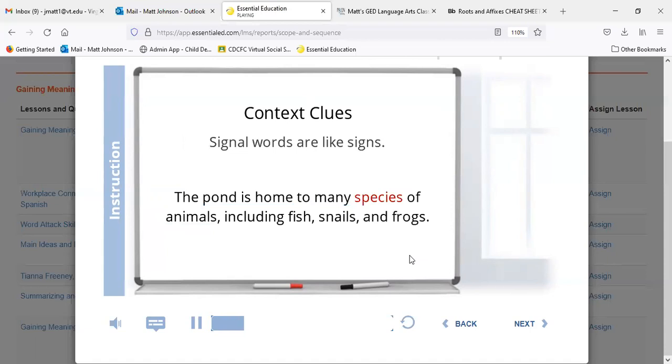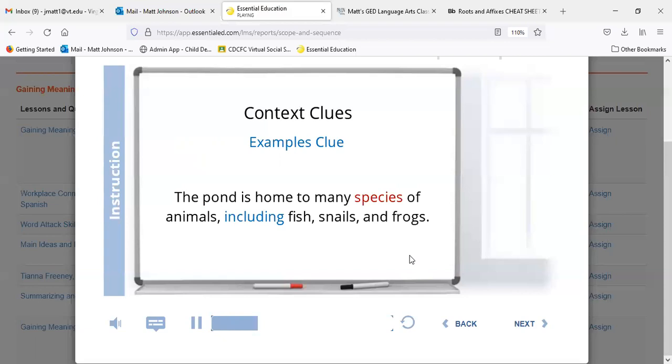Signal words are kind of like signs. They tell me to keep an eye out for a context clue. See, here's a signal word right here, including. This signal word tells me to keep an eye out for examples. That's the first type of context clue I want to talk about, an examples clue.